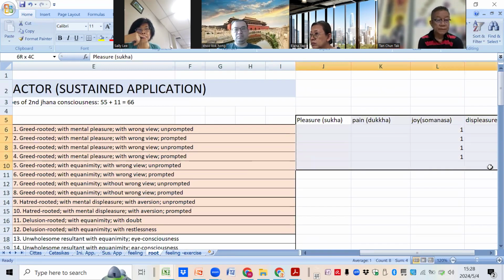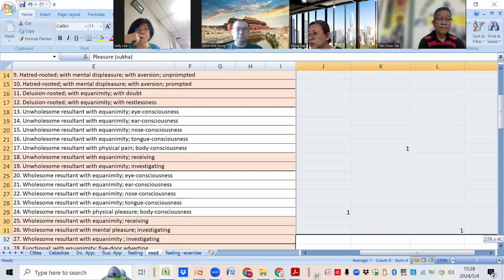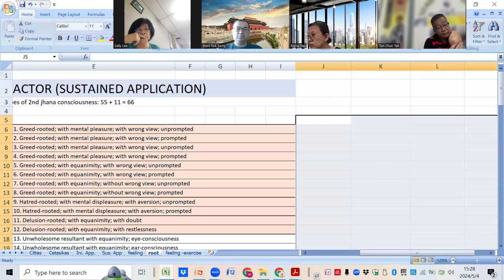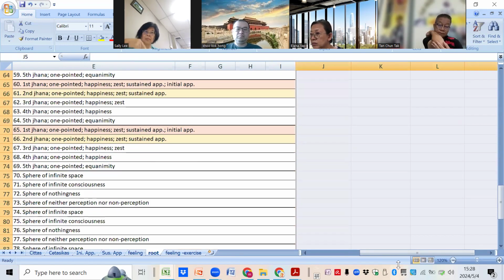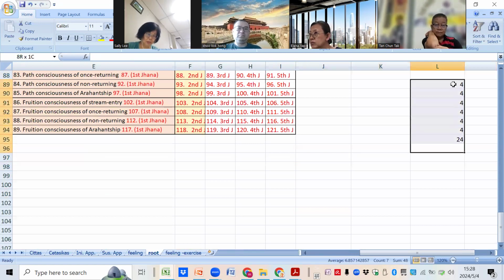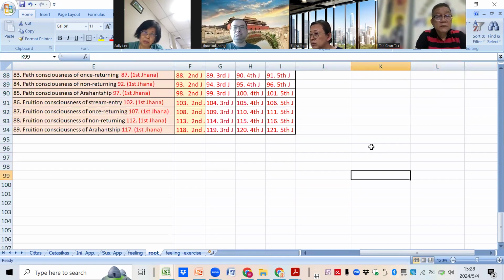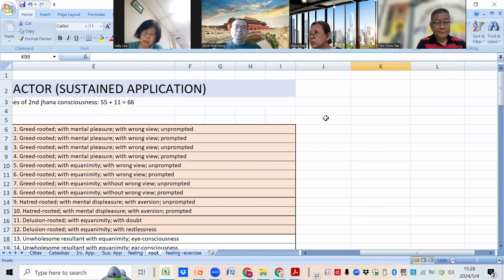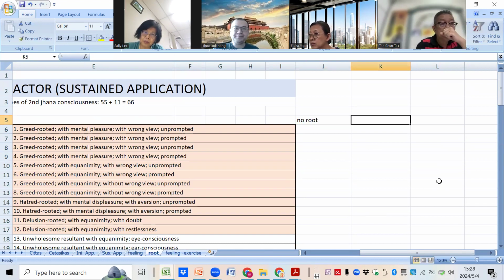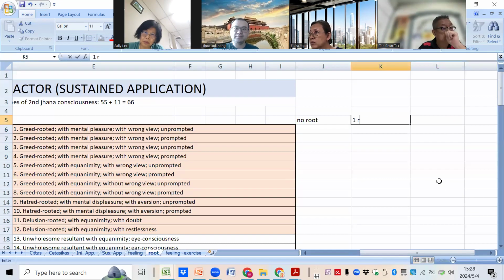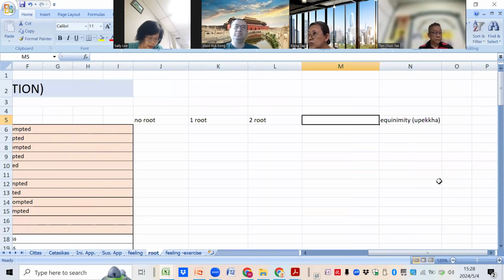Okay, class, let's see. So we try to start here. There is no root, then there will be one root, there will be two roots, and there will be three roots.